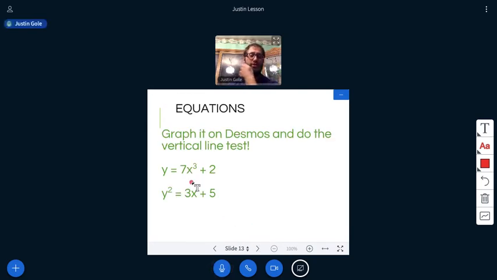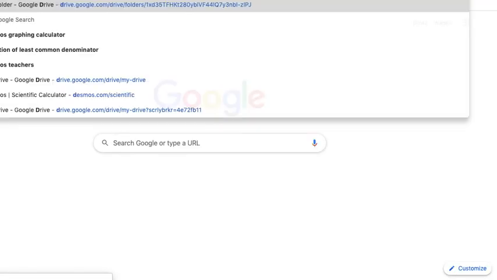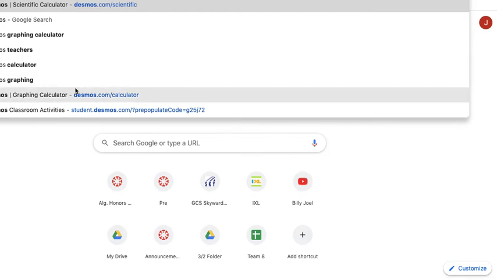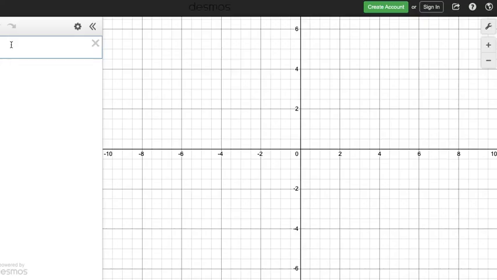We can also, if we get an equation, put it into the Desmos graphing calculator. Y equals 7x to the third plus 2. Let's go to Desmos graphing calculator and type in 7x to the third plus 2.